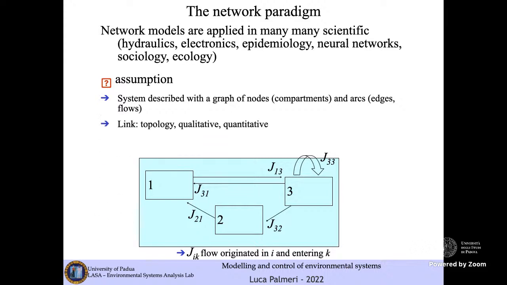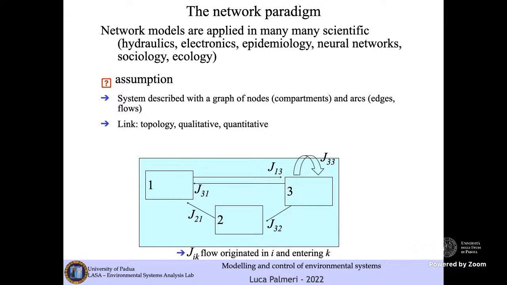And we link the topology of a network to qualitative and quantitative aspects. So what we are trying to do here is find descriptors that link the structure of a network, the so-called topology, to the qualitative and quantitative aspects of a network.